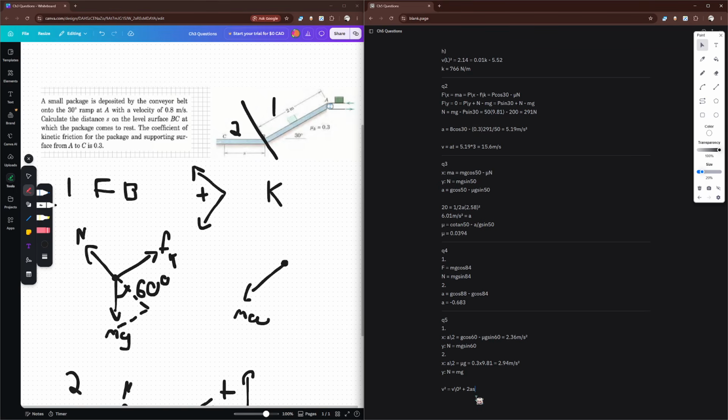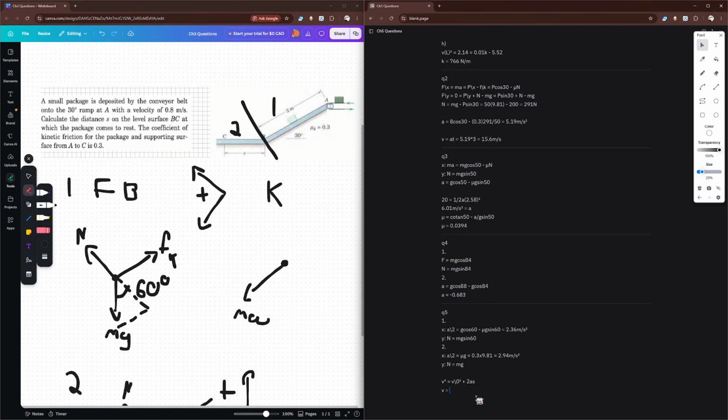So V is equal to the square root of 0.8 squared plus 4 times 2.36, since s was 2, which gives us a velocity of 3.17 meters per second.